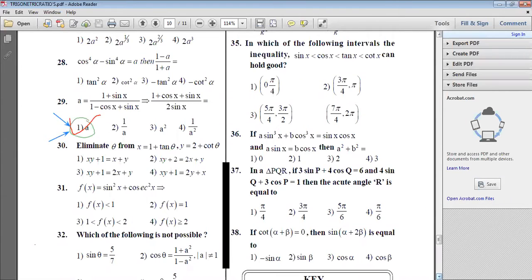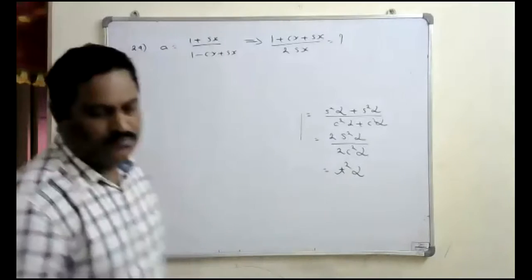Then what is the value of 1 plus cos x plus sin x upon 2 sin x? So what is the value of this? Just observe this.